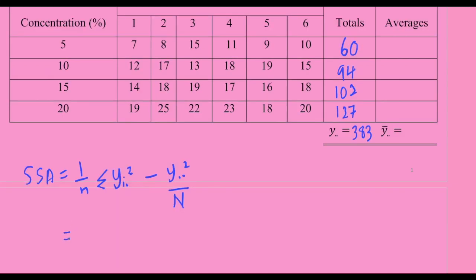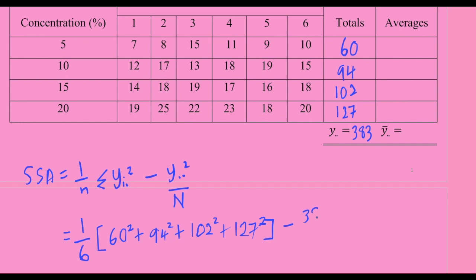So this would be 1 over 6 multiplied by 60 square plus 94 square plus 102 square plus 127 square, minus y dot dot, which is 383 square, divided by 24.